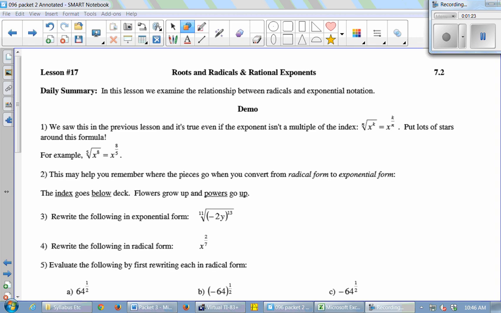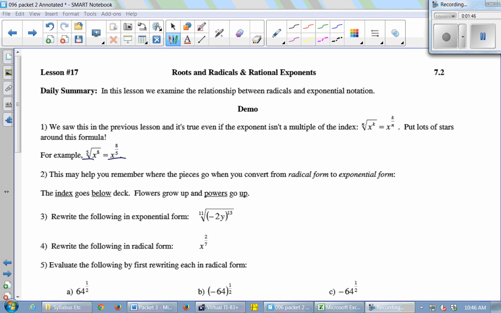A couple of ways to help you remember where the pieces go. Going from radical form to exponential form, the index, which is the 5, goes below deck, on the bottom of the fraction.